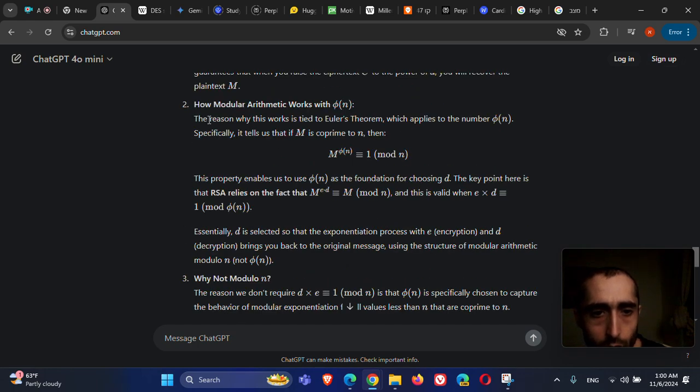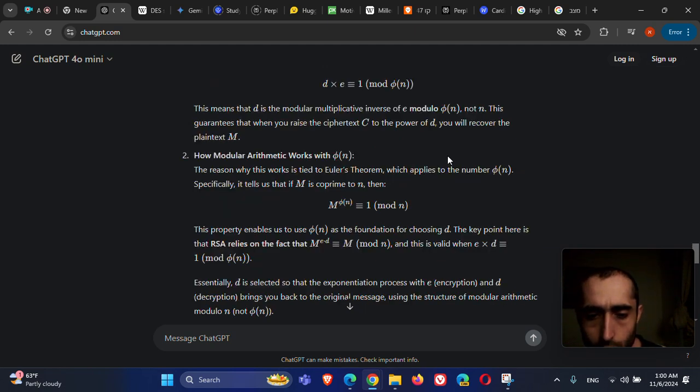How does the modular inverse work? The reason it works is the order function. Specifically, it means that it equals 1. This property enables us to use it as the formation of the chosen n. The key point in RSA is the fact that it should end with n, and this is valid when, okay, I think that there is something that I just missed.